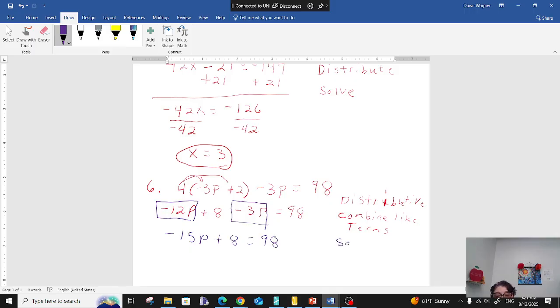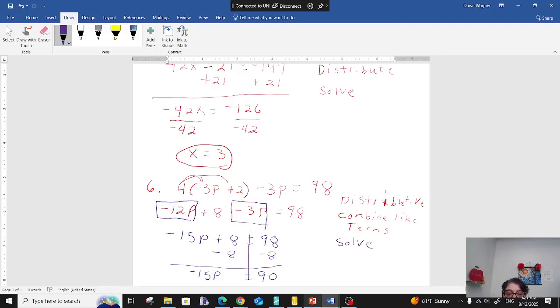Now I can solve because I've mastered, I hope you all mastered, the two-step equations. So I'm going to put a line here, right? And I have plus 8. So I have to add minus 8 because you do the inverses. You get negative 15p equals 90.